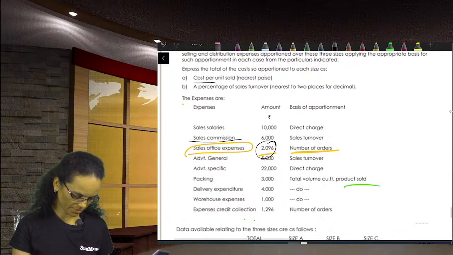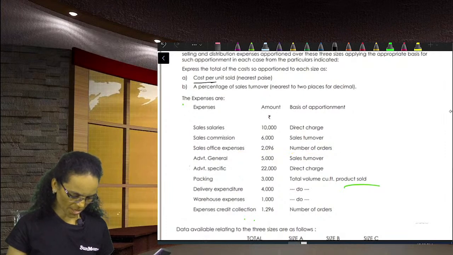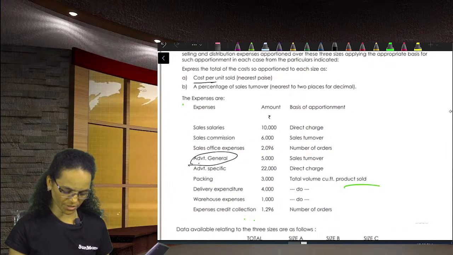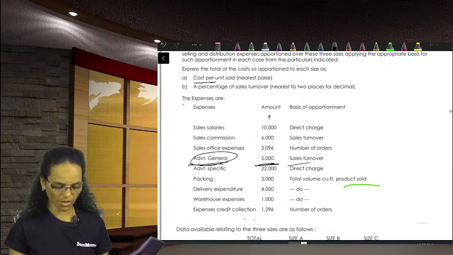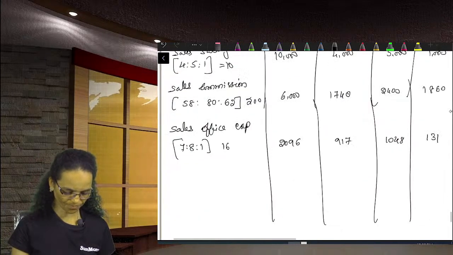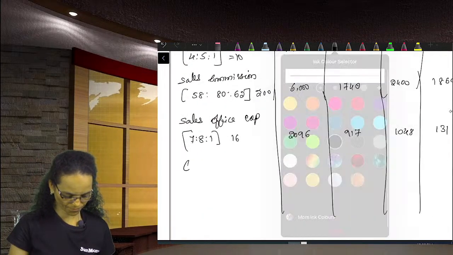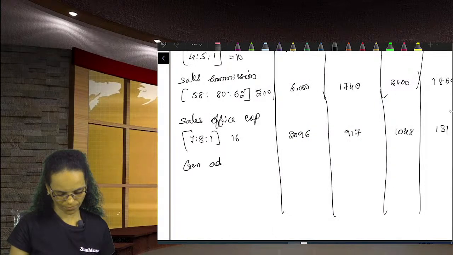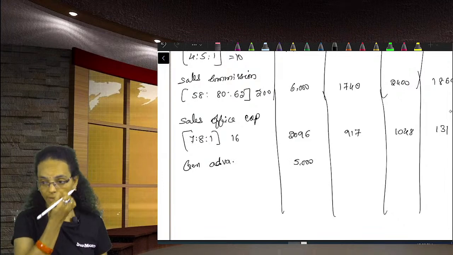Next, general advertisement, 5,000 rupees on the sales turnover.